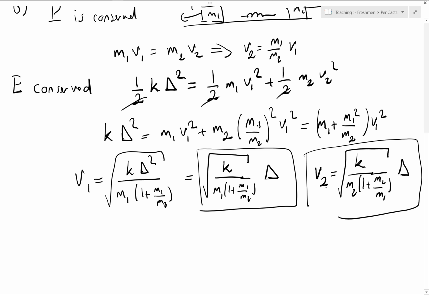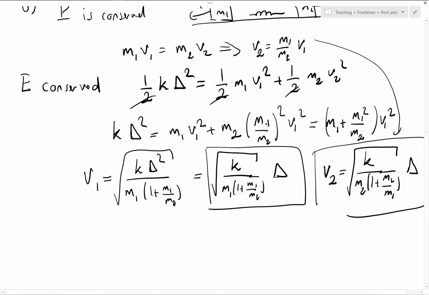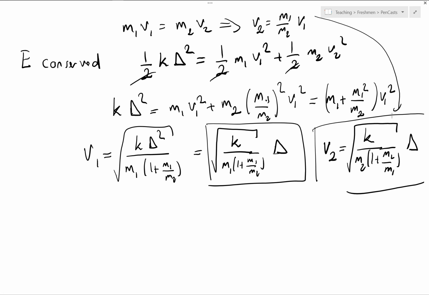I did not actually do the multiplication. I just changed all the indices to index 1 because the problem essentially doesn't know what we call 1 and what we call 2.